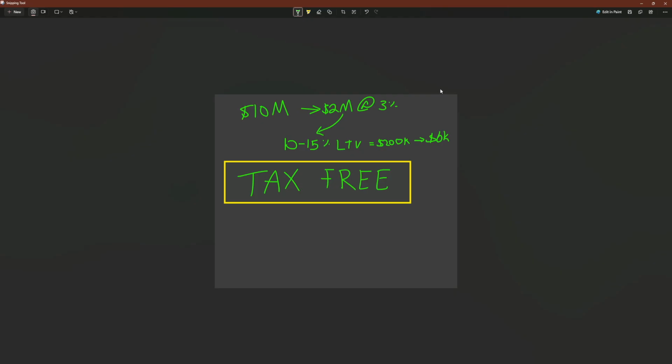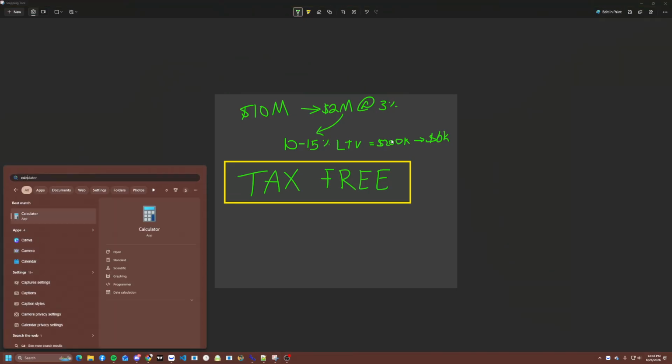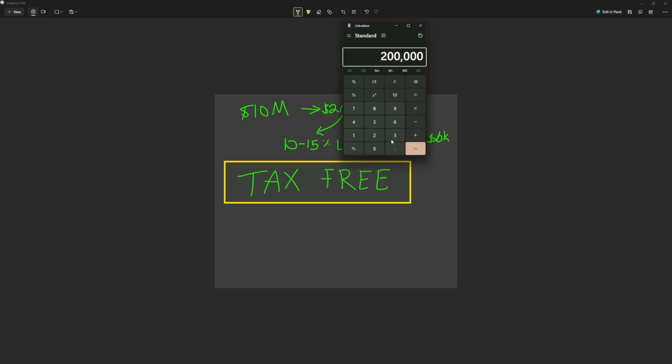Let's say we take that same 200K and we day trade it, or trade futures, or trade something very liquid and high turnover. Let's say we made 200K out of our $10 million. Now let's pay 35% tax on that.